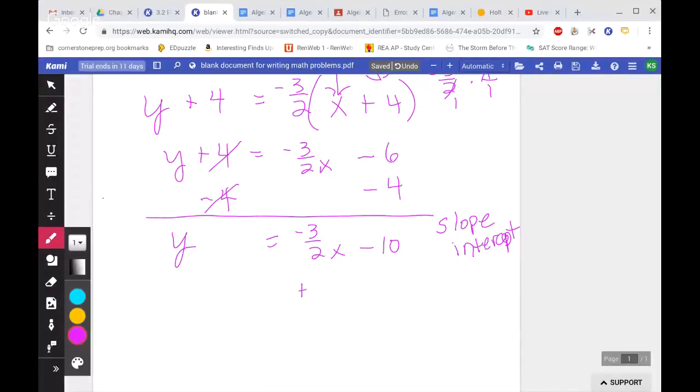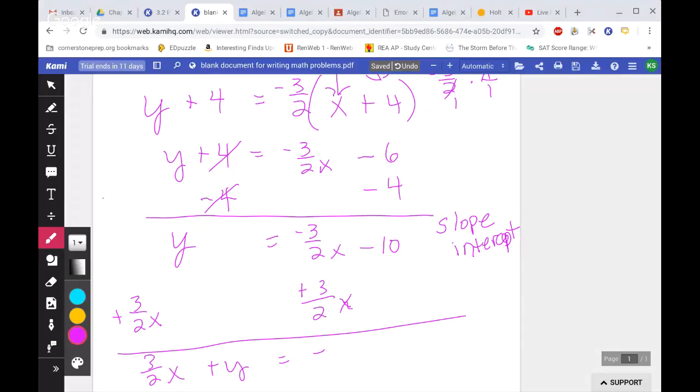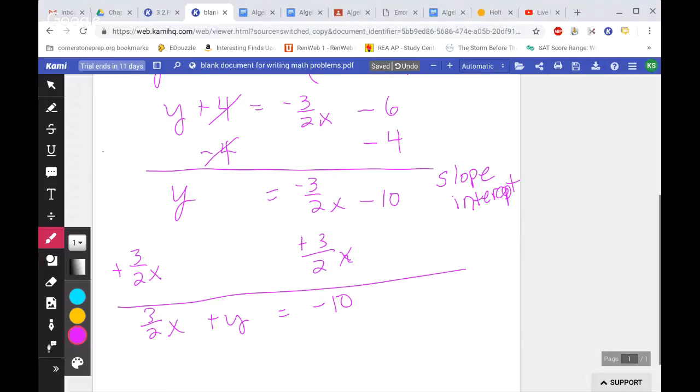And I can't just move it. I have to do the inverse operation when moving it from one side of the equation to the other. So 3/2 x plus y equals -10.